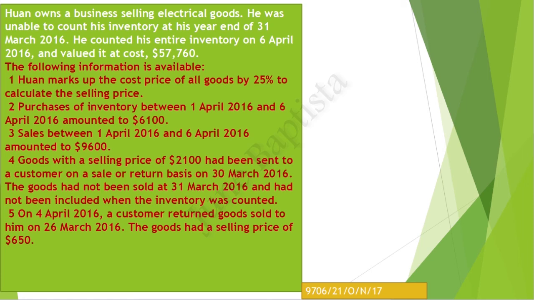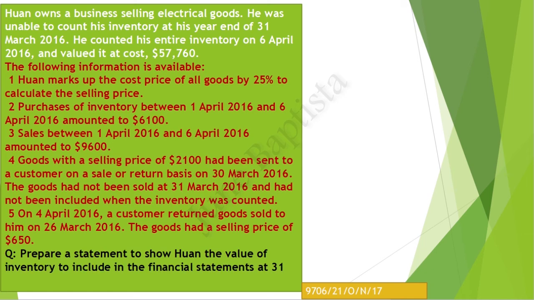Pause the video to study the information given carefully. You are to prepare a statement to show Juan the value of inventory to be included in the financial statements at 31st March 2016.